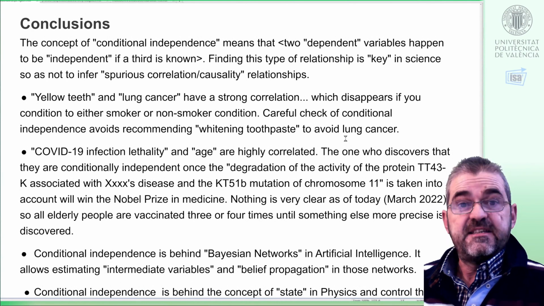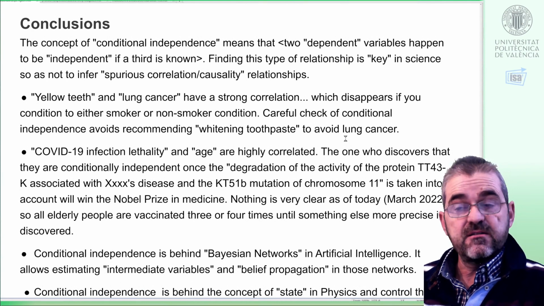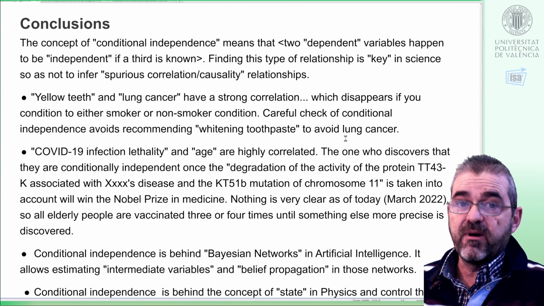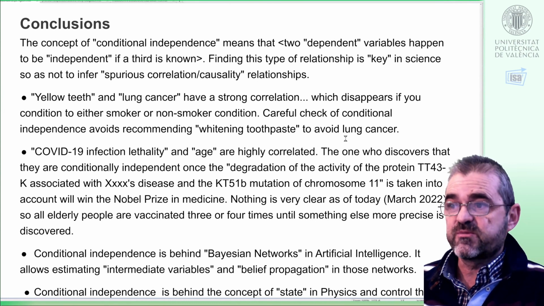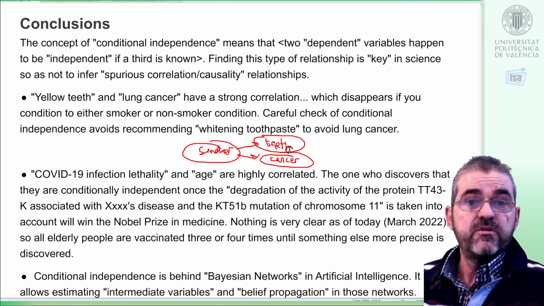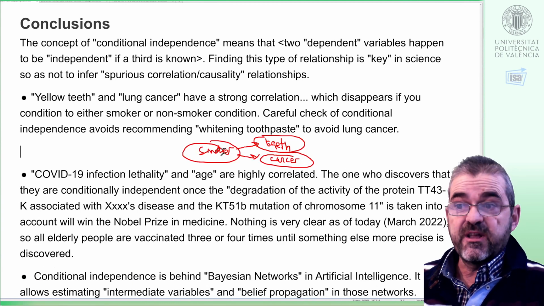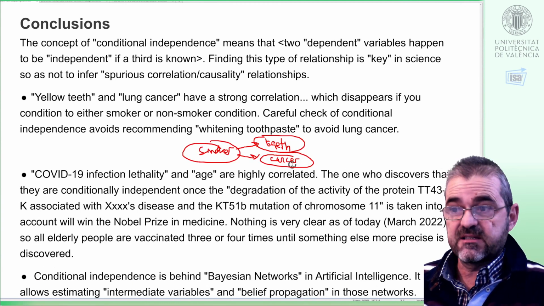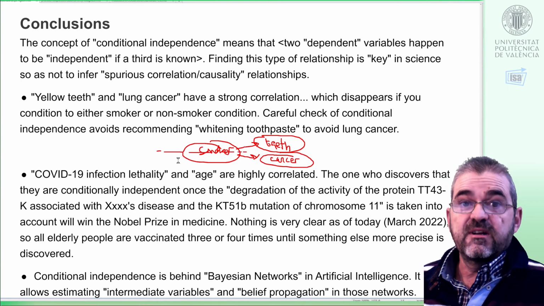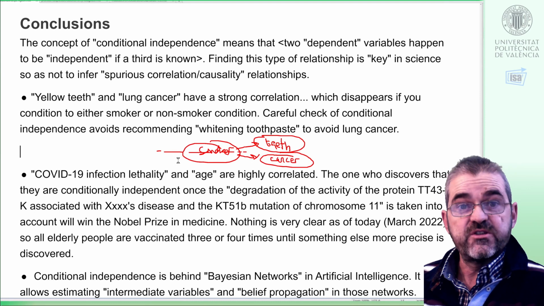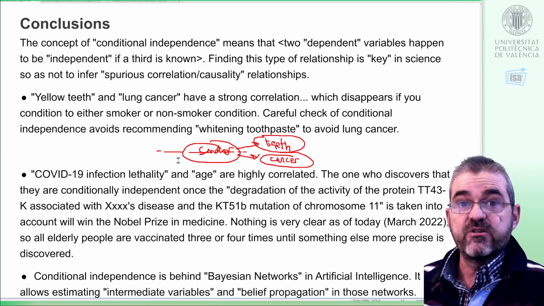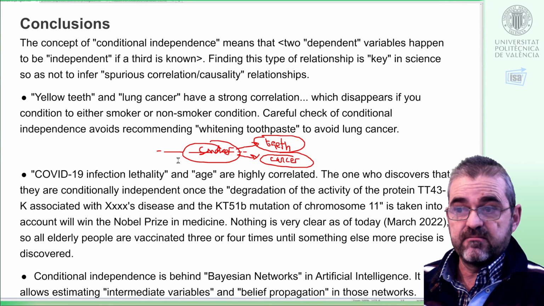For instance, yellow teeth and lung cancer have a strong correlation, but that correlation disappears once you condition to smoker or non-smoker. So smoking explains both yellow teeth and cancer, and suitable clinical trials or statistical evidence show that once you account for smoking, there is no remaining correlation between yellowish teeth and cancer.